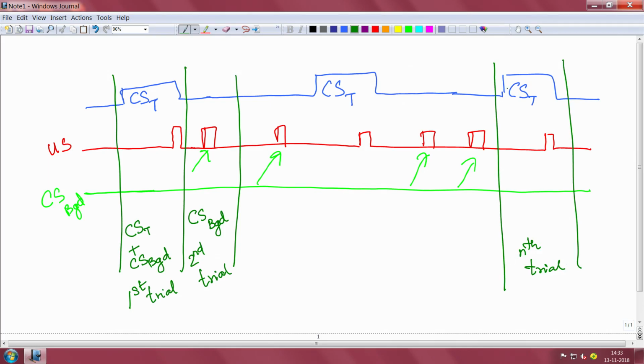So, whenever there is an experimenter provided CS, the learning will be distributed between the tone, the experimenter provided CS, plus the background, and whenever the US is coming alone without any obvious CS, the animal tends to associate with the existing CS, the notional CS, which is the background.